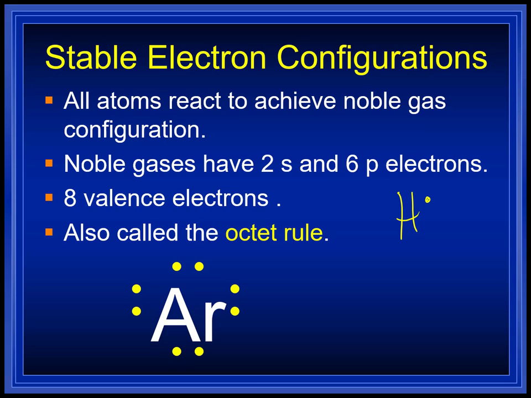No. You can look like a noble gas and have just 2 if you look like helium. So you're tempted to say it's going to end up with 8 valence electrons, but that's not always true. What's always true is you always end up looking like a noble gas. See the difference between those two?